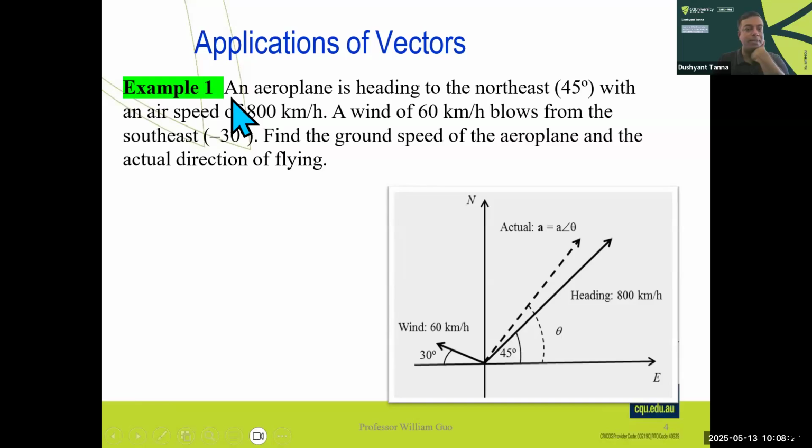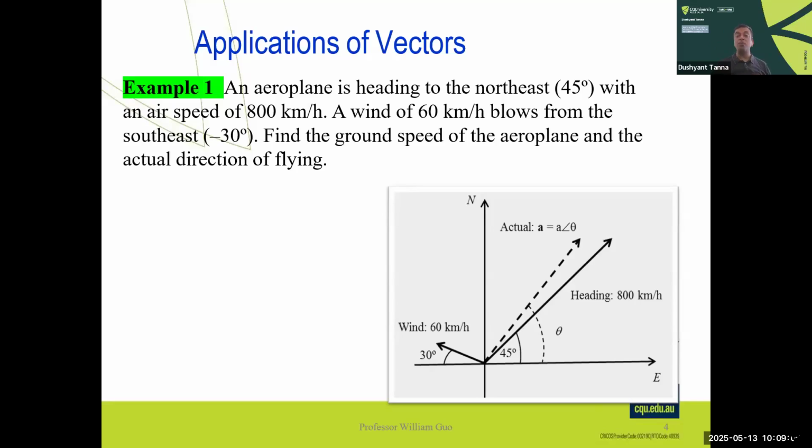Right. An aeroplane is heading to the northeast at 45 degrees. Sometimes we'll be given the angles, but if it is a standard angle, we won't be provided with one. For example, northeast, so north and east, the middle angle, that's 45 degrees.